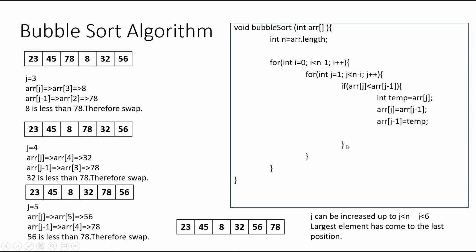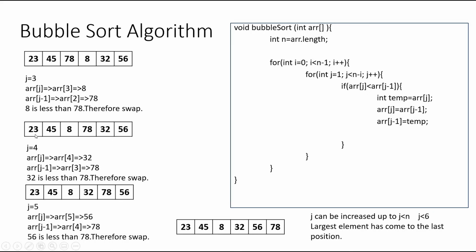Okay, now it will exit from this if part and go to the next iteration. It is j equals 4. Yes, 4 is less than 6. So it again goes to this if condition. What is arr[4]? 0, 1, 2, 3, 4. It is 32. arr[j minus 1], that is arr[3].